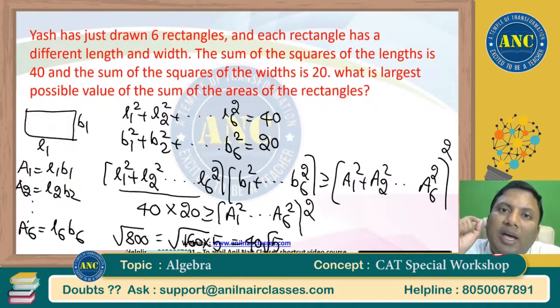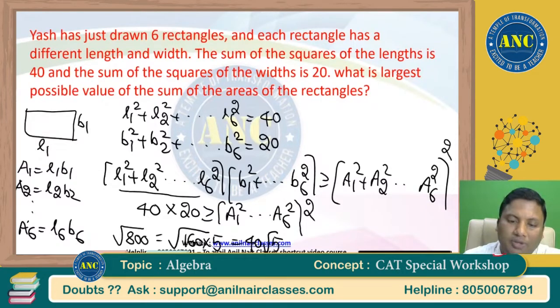If a, b, x, y are real numbers, (a square plus b square) into (x square plus y square) is always greater than or equivalent to (ax plus by) whole square. I hope the idea is clear. What is the largest possible value of the sum of the areas?